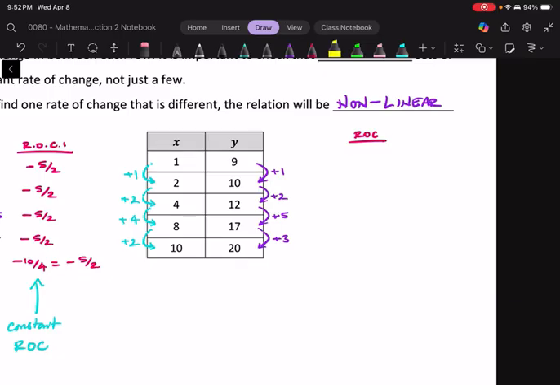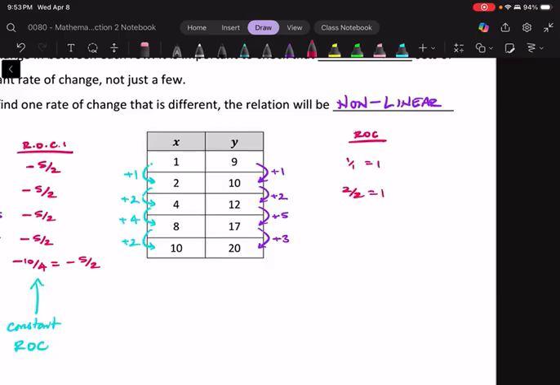First one. Y went up by 1, x went up by 1. Our rate of change is 1/1, which is just 1. Cool. And the next one, we've got 2/2, which is also 1.